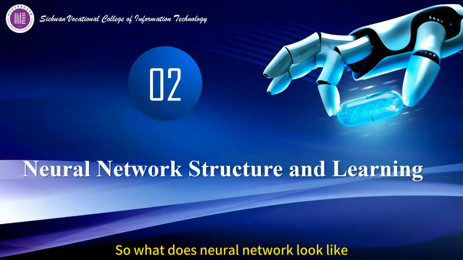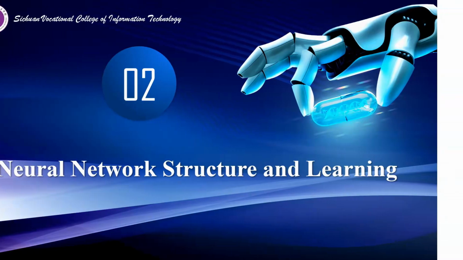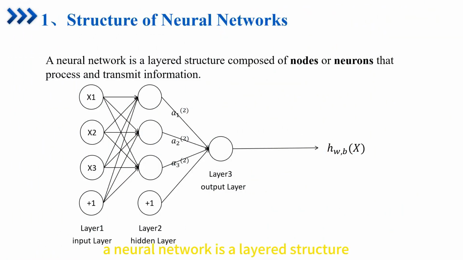So, what does a neural network look like? Here we have a simple structure for you to interpret. A neural network is a layered structure composed of nodes or neurons that process and transmit information.